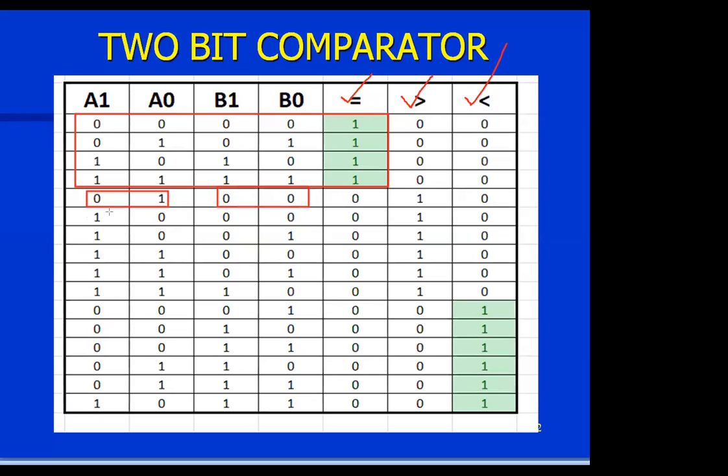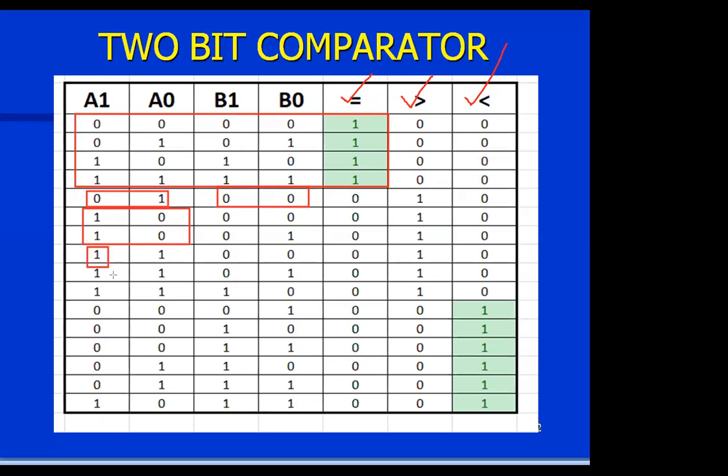Second condition, 2 greater than 0. Similarly, 3 greater than 1, 2 greater than 1. I first took 0 1, A value 1, and took 1 greater than 0. Next I took A value 2, comparing with B values: 2 greater than 0, 2 greater than 1.